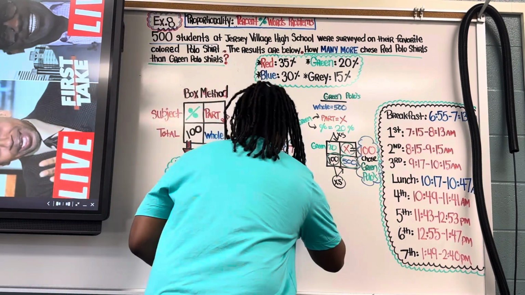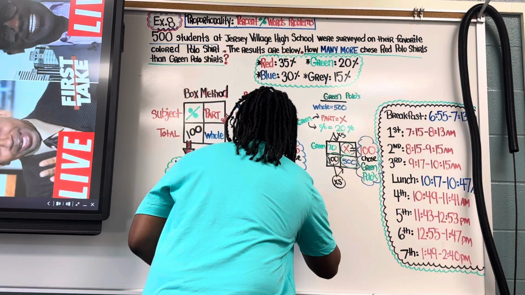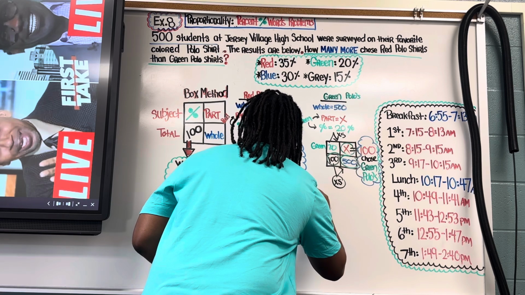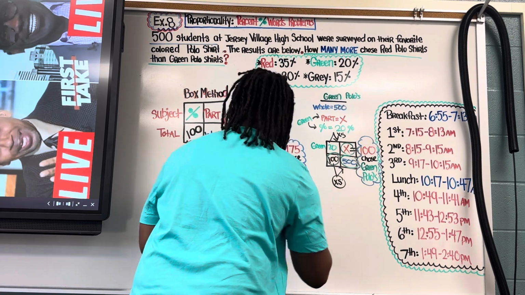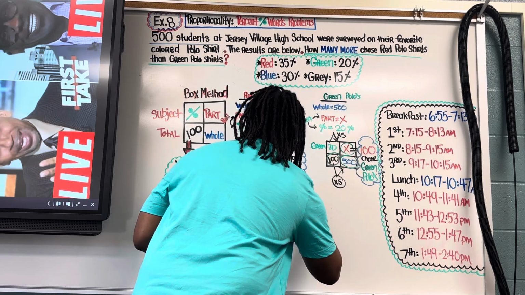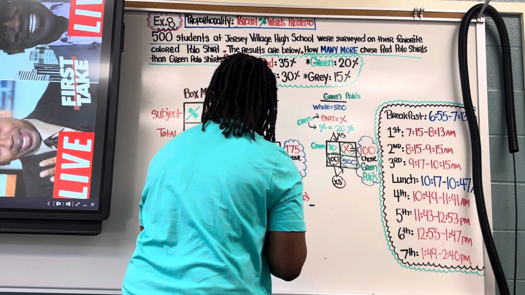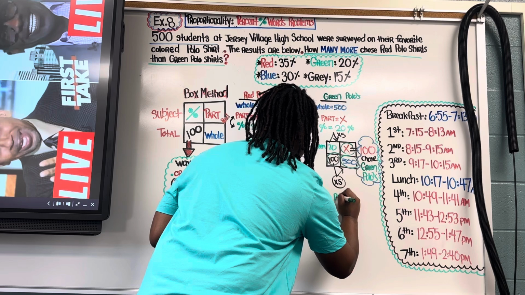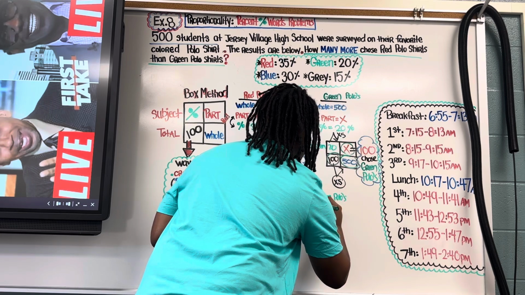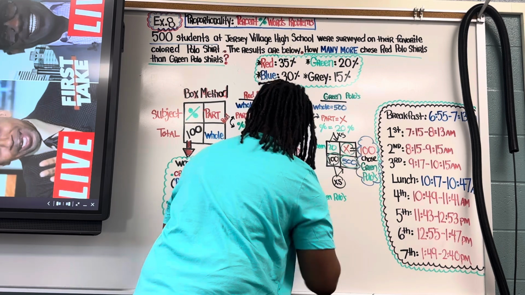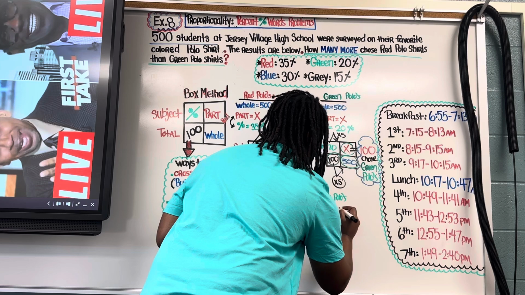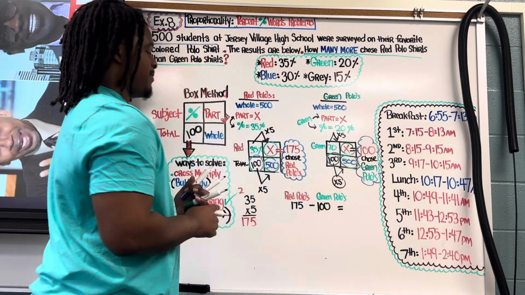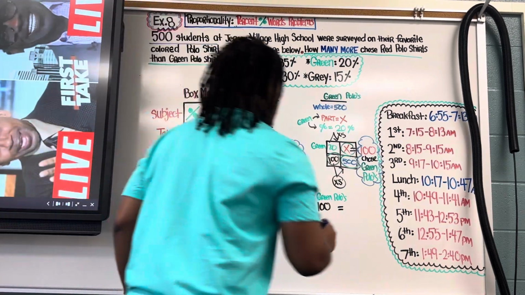So let's go ahead and do that, guys. So once again, red polos is 175 minus green polos, which is 100. And 175 minus 100 is 75.